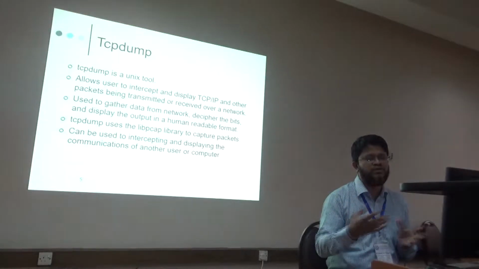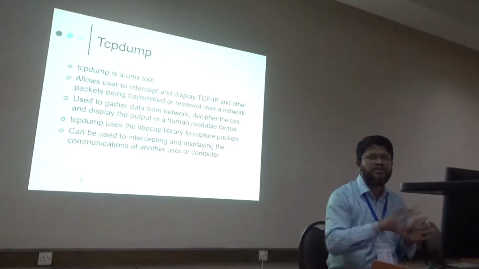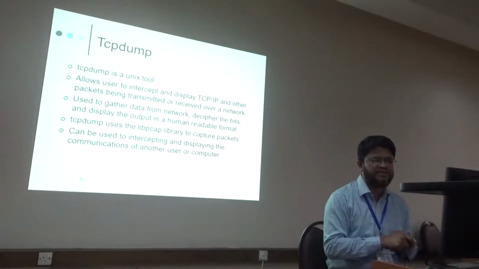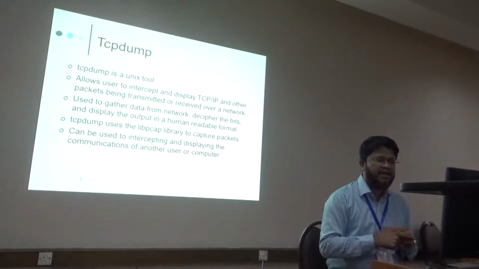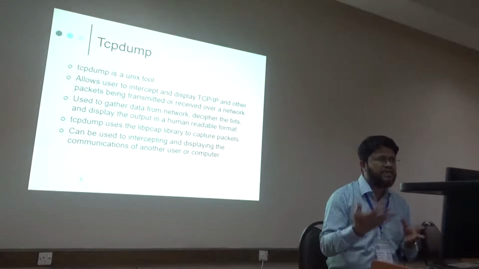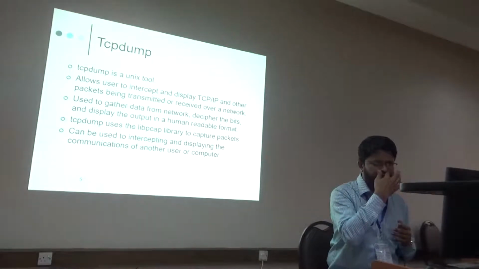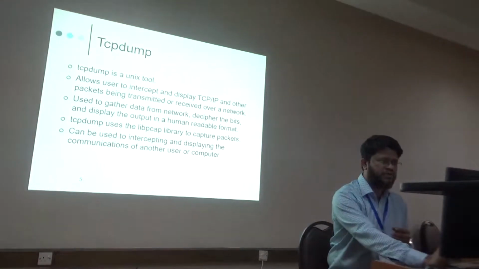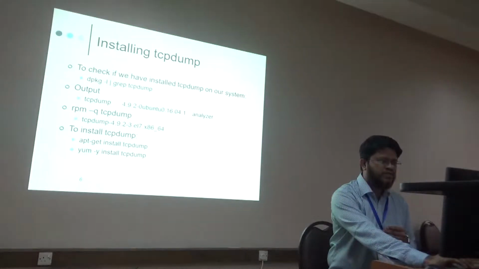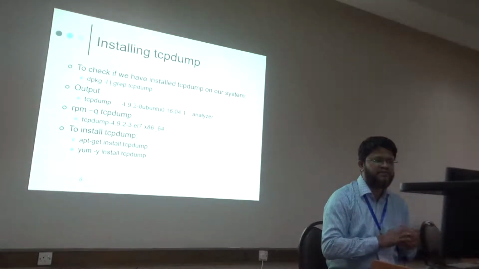It also decodes the binary data into hexadecimal or ASCII, and it gives us readable output in terms of the system. To install TCP dump, I think it's very straightforward.